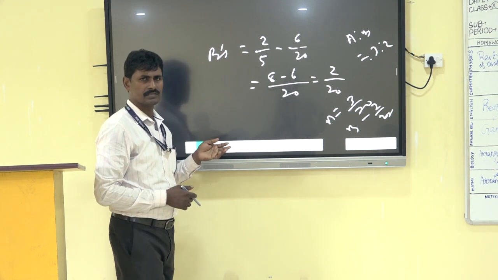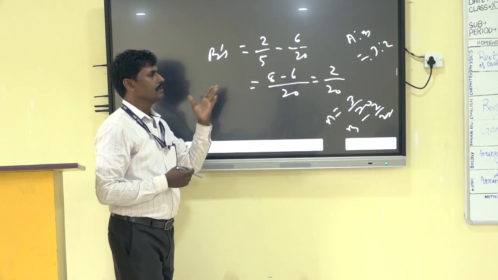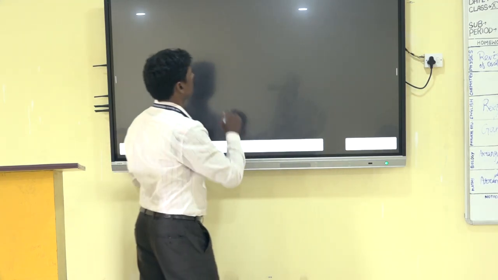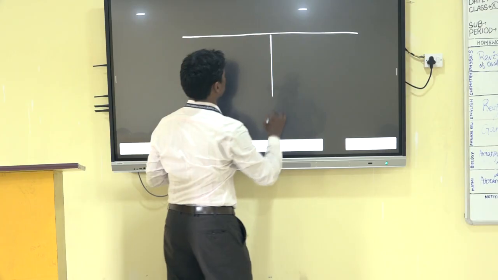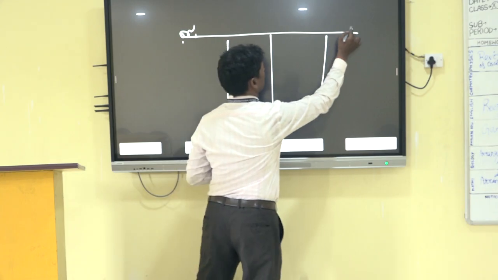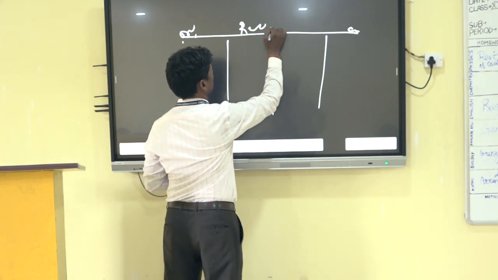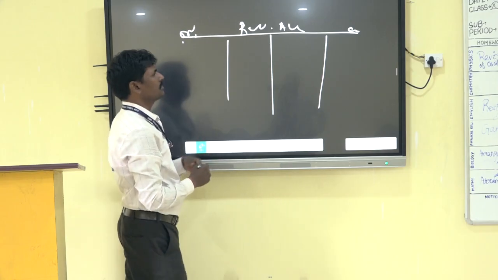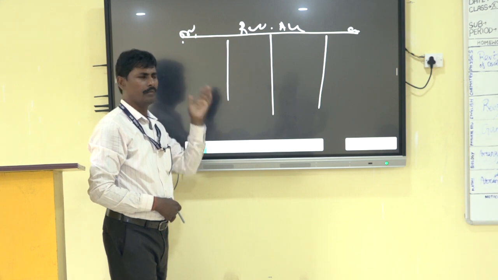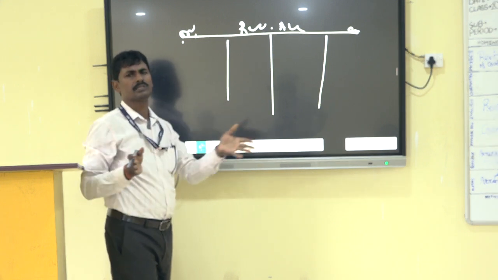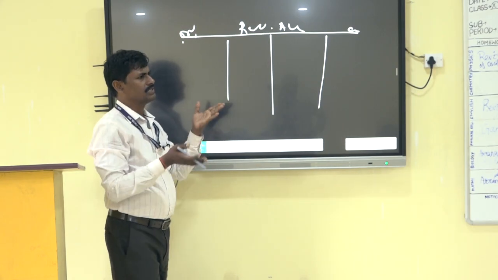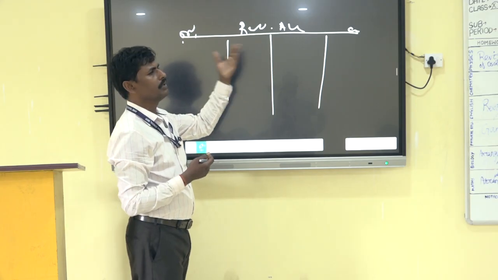Okay? This one is the calculation of the new profit sharing ratio. After calculation of the new profit sharing ratio, we will prepare the revaluation account. You see the revaluation account, how we can prepare it. In the revaluation account, the new value of assets and liabilities will be calculated. In the old balance sheet of A and B, whatever assets and liabilities there are, we have to revalue them. What was the valuation previously, then the difference amount will be transferred to the revaluation account.